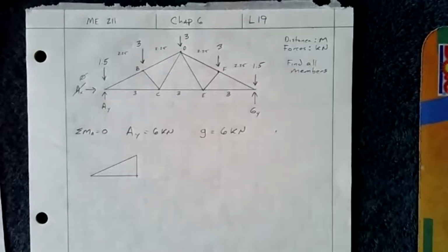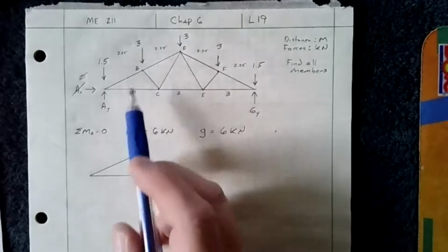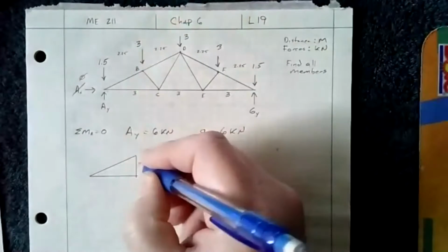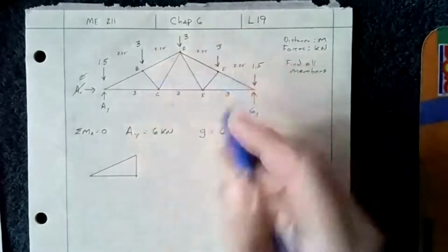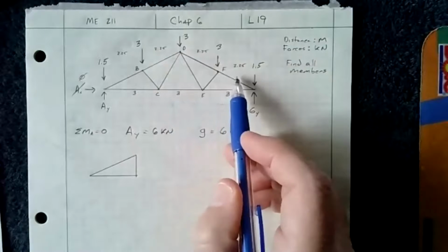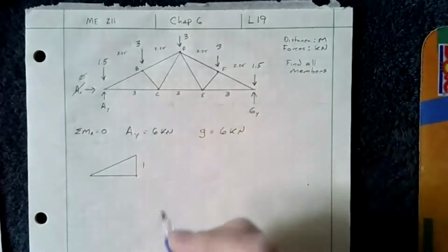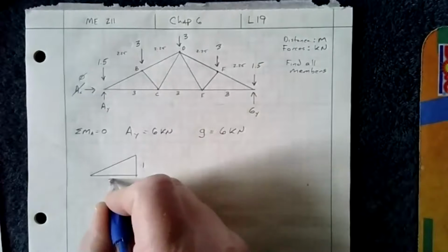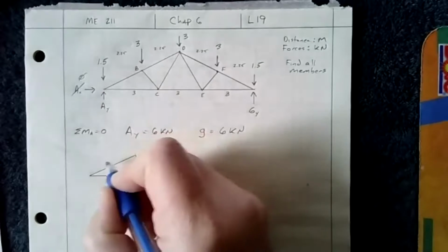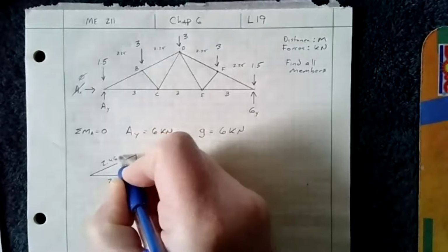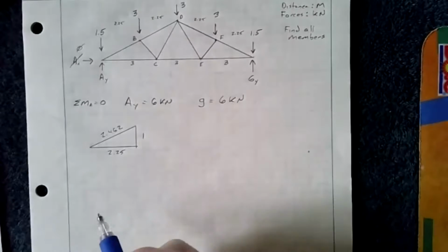Now, what we know about joint A is, in terms of proportions of the triangle, if we draw a straight line down from B here, I didn't draw it on here, but that's 1 meter. So this would be 1, and then this bottom part would be 2.25, and therefore the hypotenuse would be 2.462. So unfortunately, it's not a nice simple triangle, but that's okay.